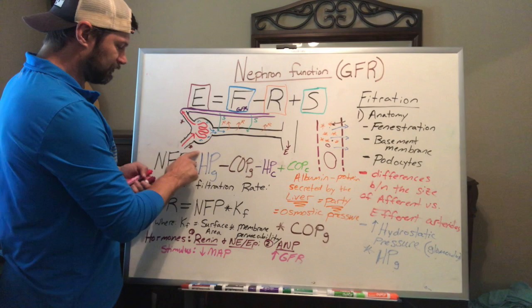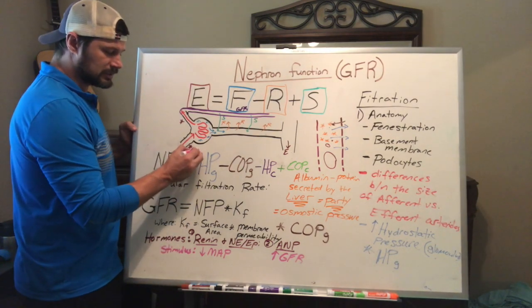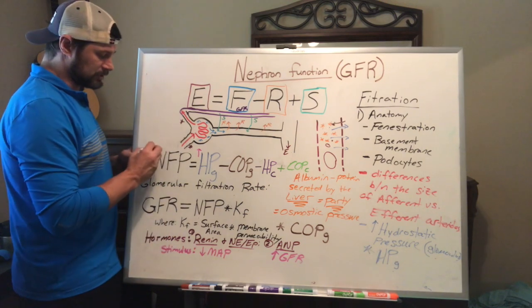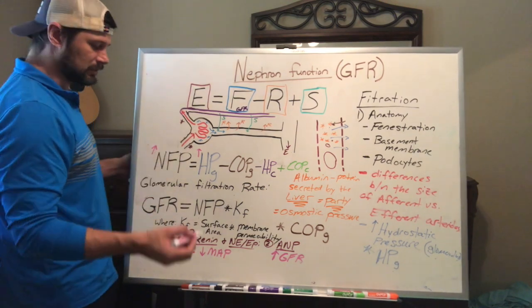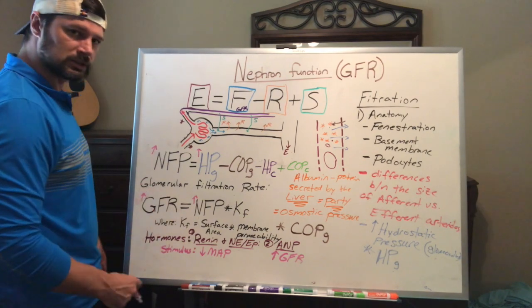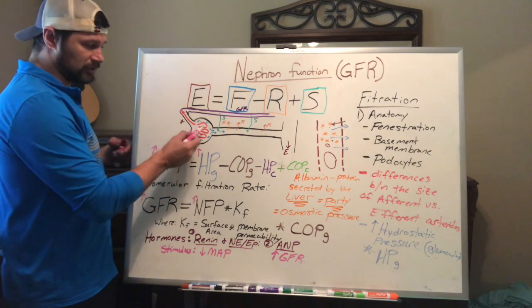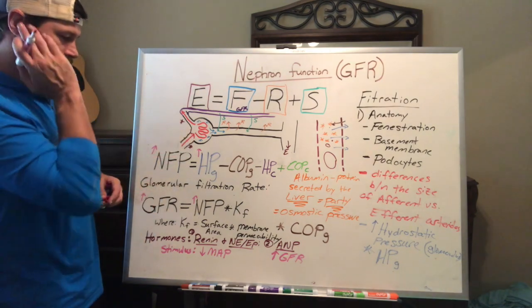And if more blood flows in, hydrostatic pressure starts to increase. And if hydrostatic pressure starts to increase, then NFP increases. And if NFP increases, then GFR increases. So ANP has a direct effect on blood flow into the glomerulus.